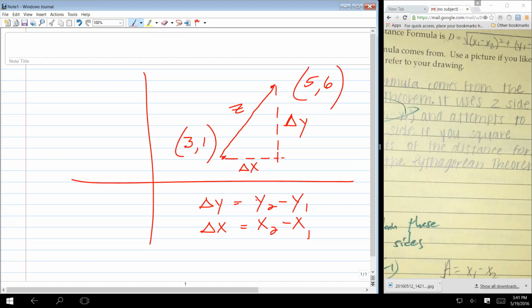So in my example, what is delta y? Delta y is delta x. No, what is delta y? Put a number on it. Plug in y sub 2 minus y sub 1.